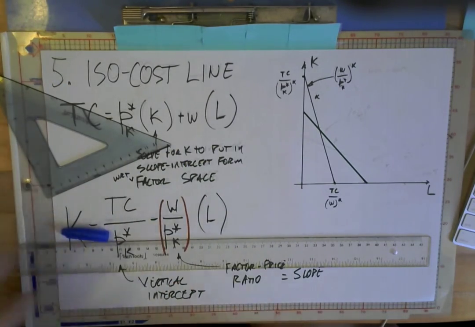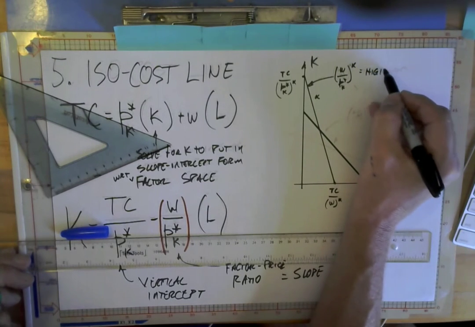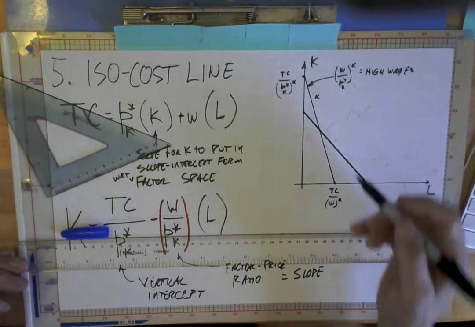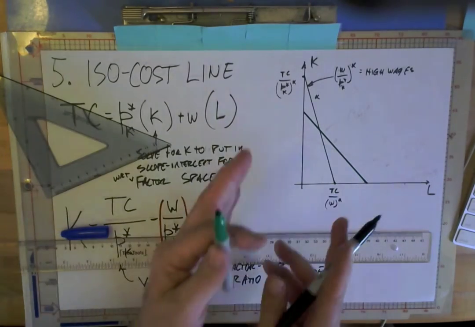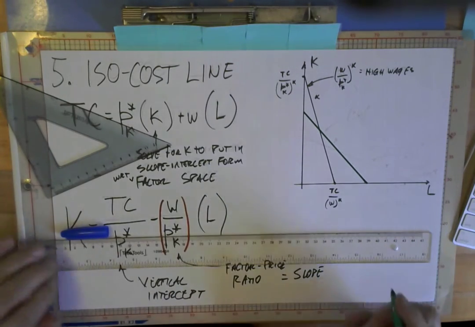It's going to be at relatively high wages, since wages are in the numerator there. The relative factor price ratio is higher the steeper the iso-cost line as drawn in capital-labor space.